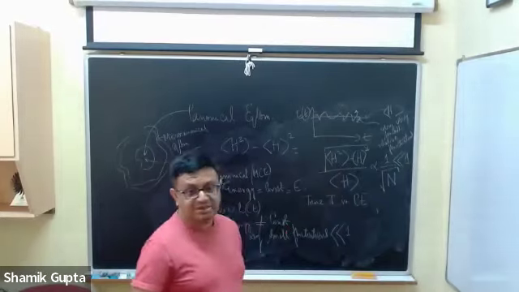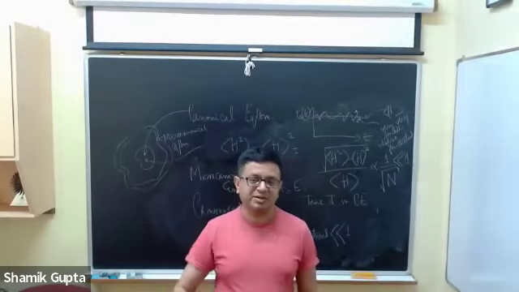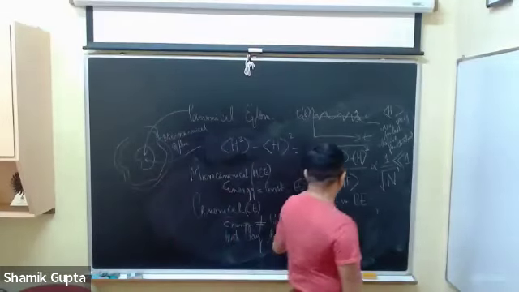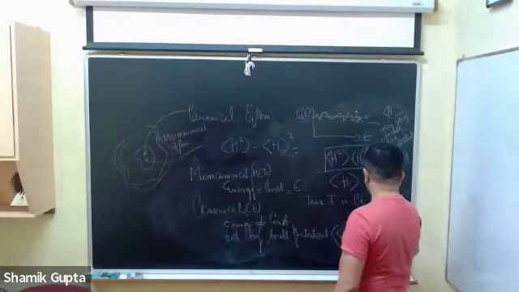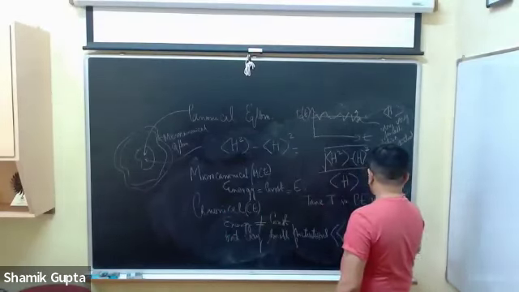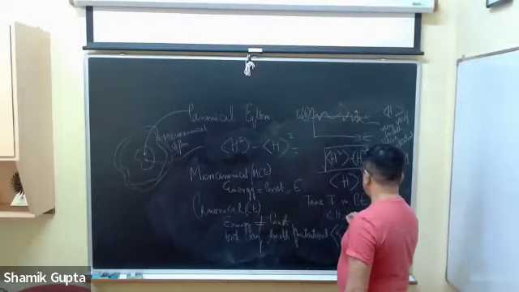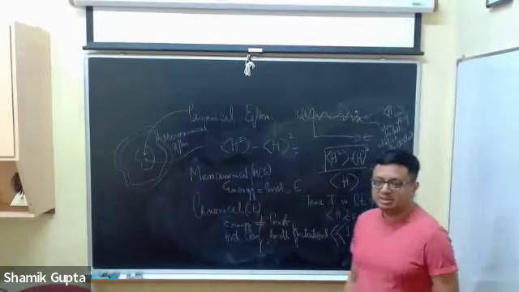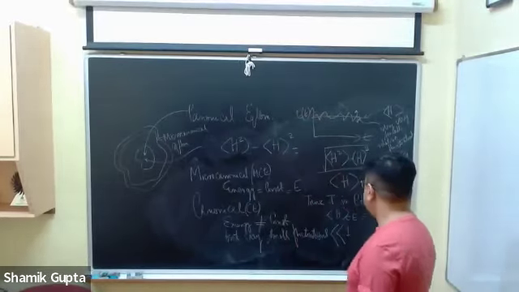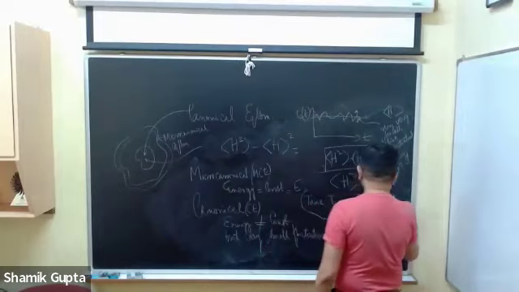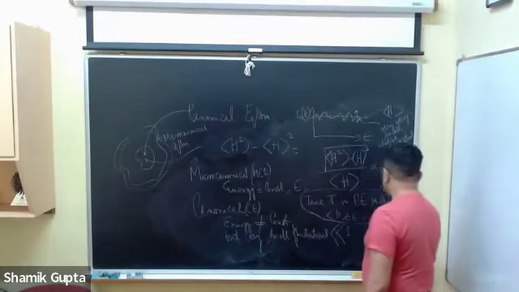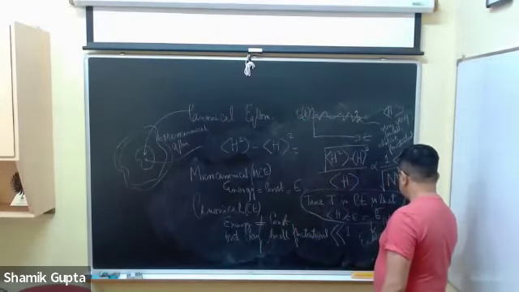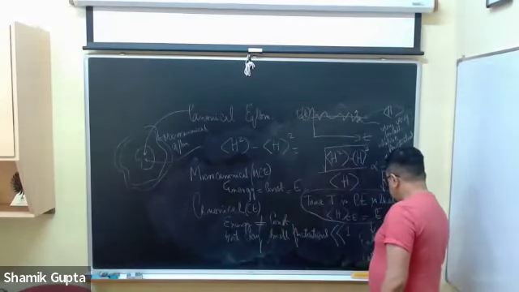So I can change it by keeping it in contact with a different reservoir or heat pump. So I tune my temperature in the canonical ensemble so that the average energy in the canonical ensemble becomes equal to the actual energy in the microcanonical ensemble. This is what is known as equivalence of ensembles, or ensemble equivalence.